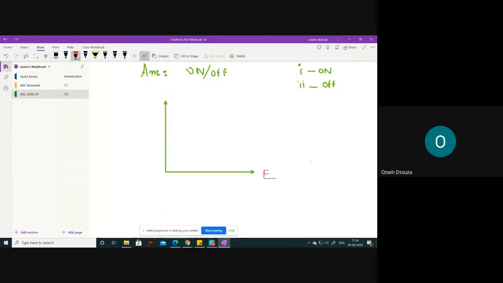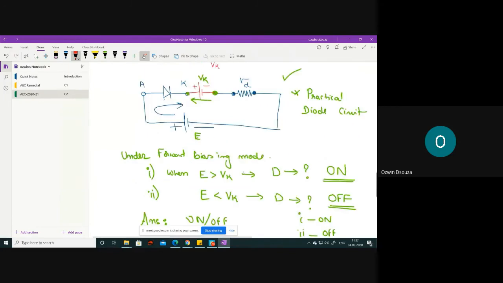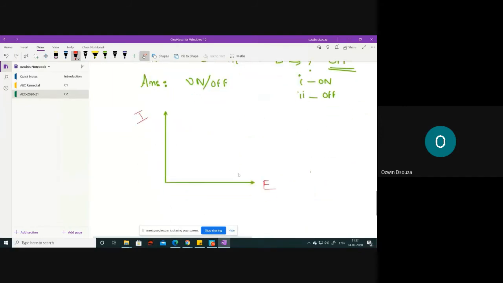Let's say this is your E, and this is your current I. You are comparing E with Vk, so this comparison factor we place on the x-axis, because Vk is potential, and potential is projected along the x-axis. And this is your current, normally in milliamperes.